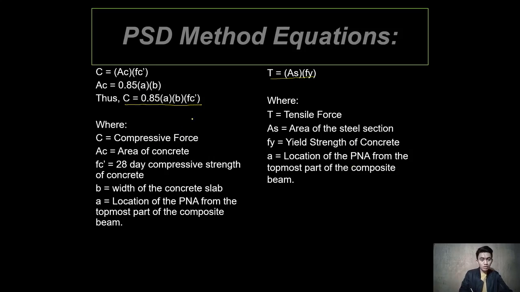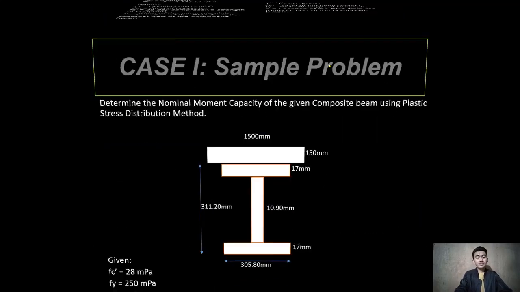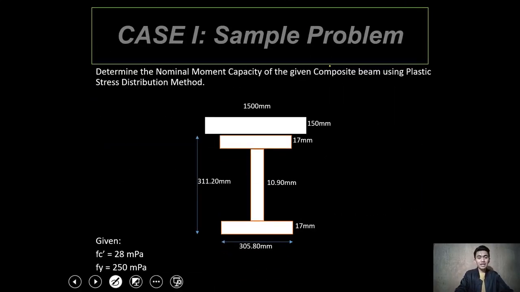These are just two of the basic equations: the equation for your compressive strength and the equation for your tensile strength. Right, so let us proceed with an example which belongs under case number 1. Since this is case number 1, we already know that the plastic neutral axis is located in the concrete slab.